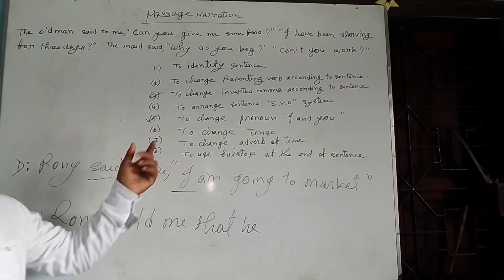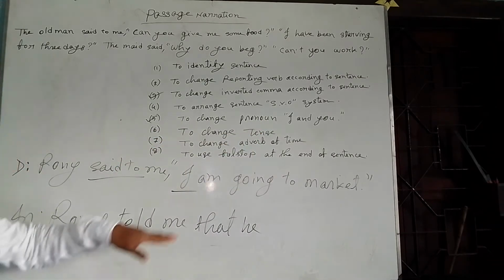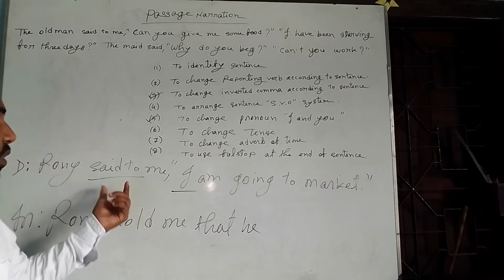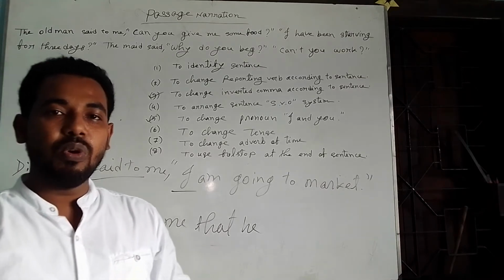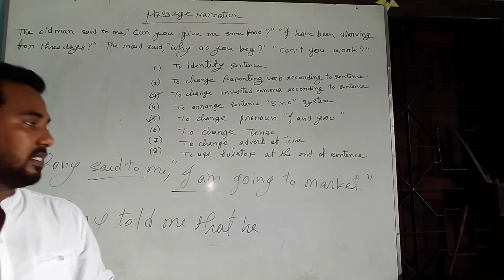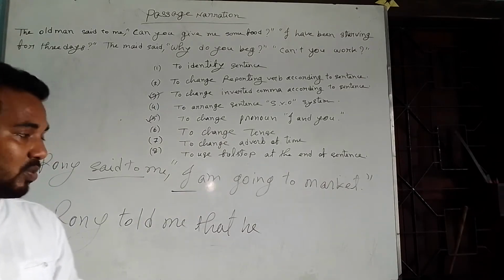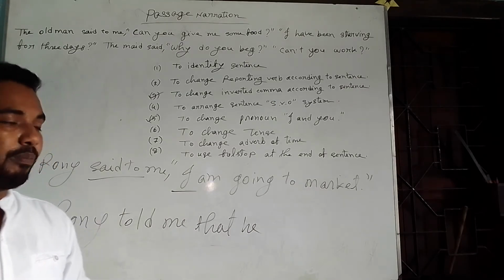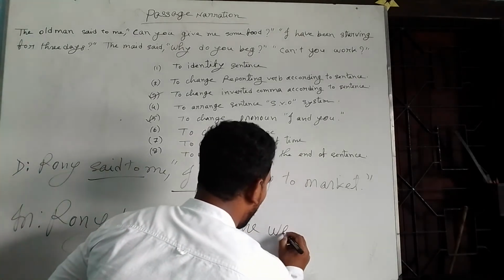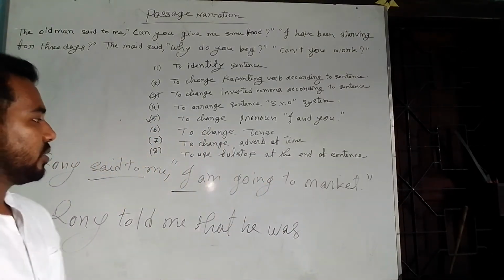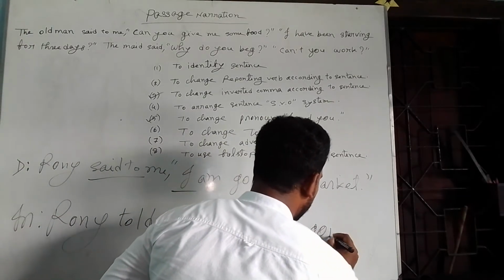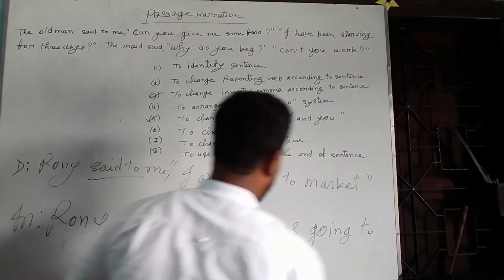Number 6. To change tense. Here you can see am is the present form, present auxiliary verb. So you know that when reporting verb will be said or said to, you have to change tense. So answer will be was verb. He, third person singular number, and was is the singular verb. So here I will use was. So dear student, going will not be changed, going to market.